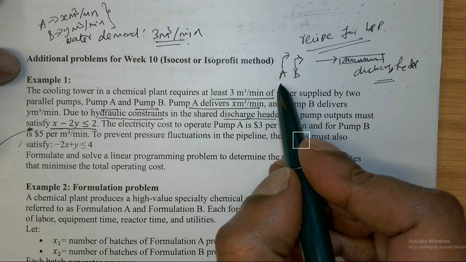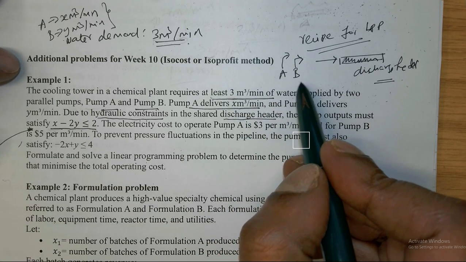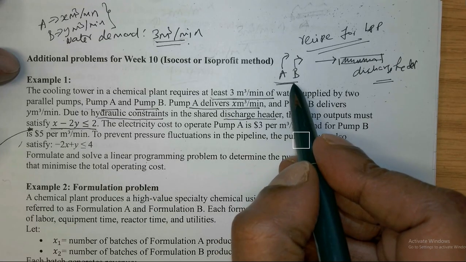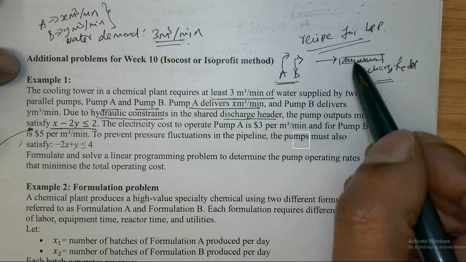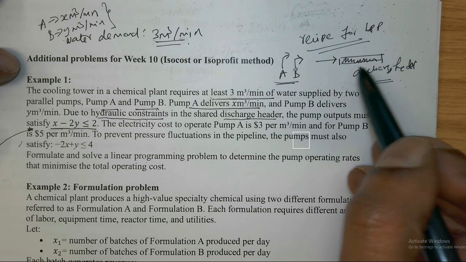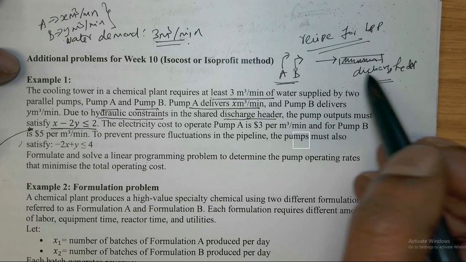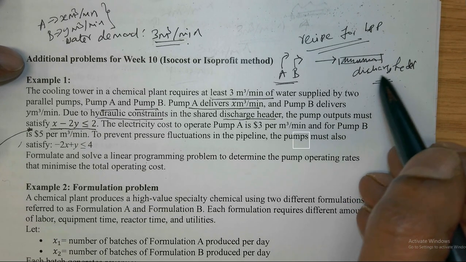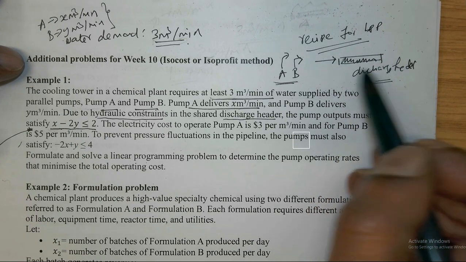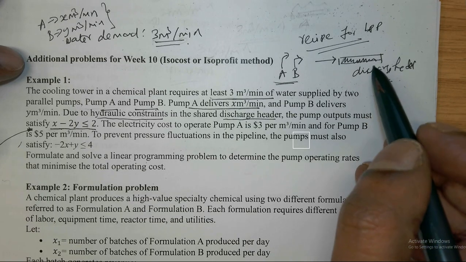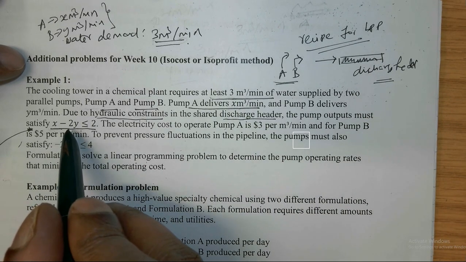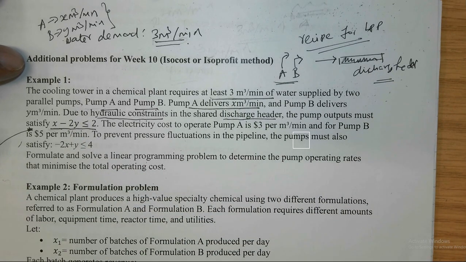Pump A and pump B cannot operate at full capacity at the same time, because we are sharing the exit pipe, sometimes called a discharge header. This pipe cannot handle that hydraulic load, and that's why we have the constraint x minus 2y is less than or equal to 2.